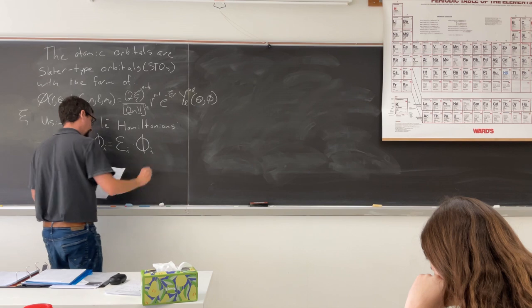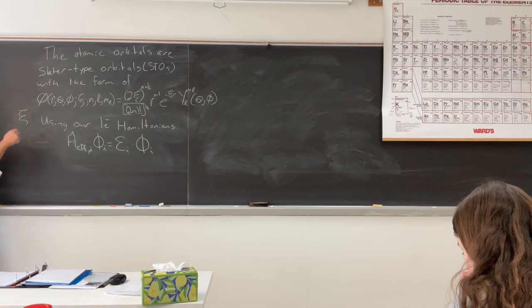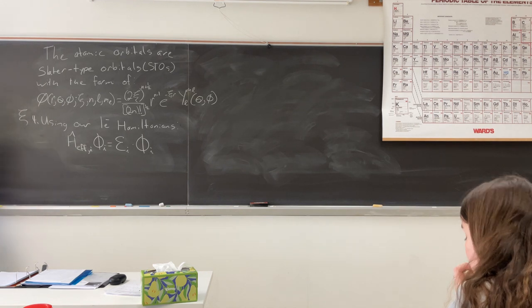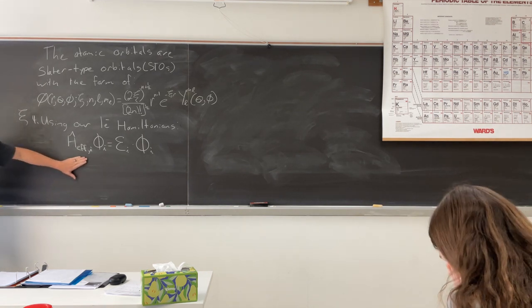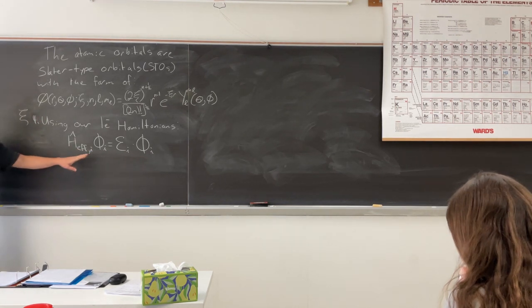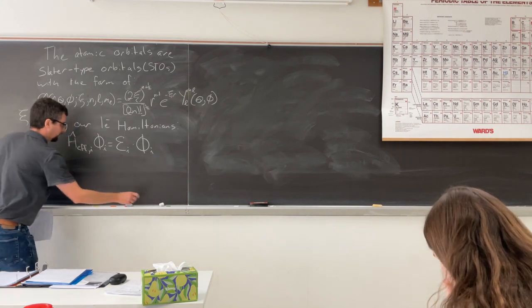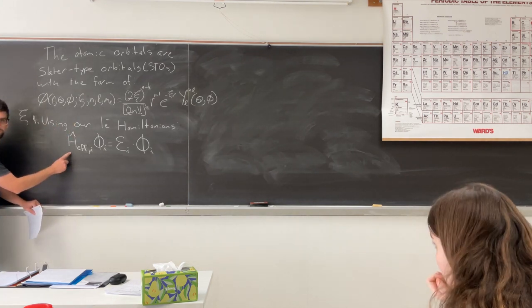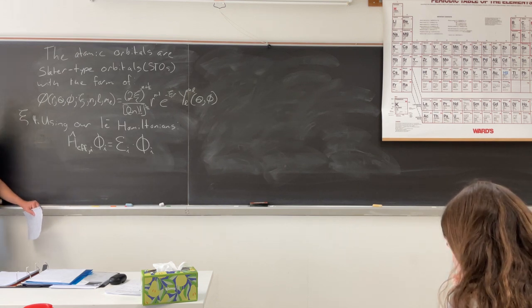Okay. So now, if we use our one electron, I guess this is step 4. We use our one electron Hamiltonians, and they follow this eigenfunction eigenvalue equation. Remember, what is this thing? Effective Hamiltonian. What does the Hamiltonian get you?